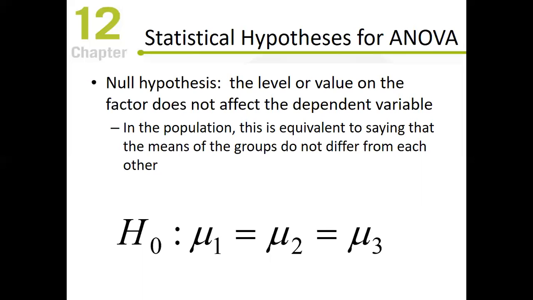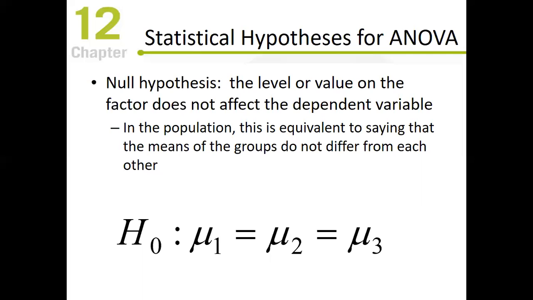Okay, in this case, the null hypothesis says that there's no differences across any of these groups. Okay, if I'm going to say that more formally, right, the level on the factor, the different conditions, do not affect the dependent variable. They don't affect the outcome. Okay, this means that the means across the different groups are not different.